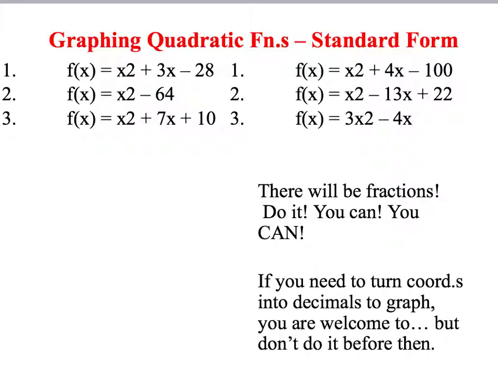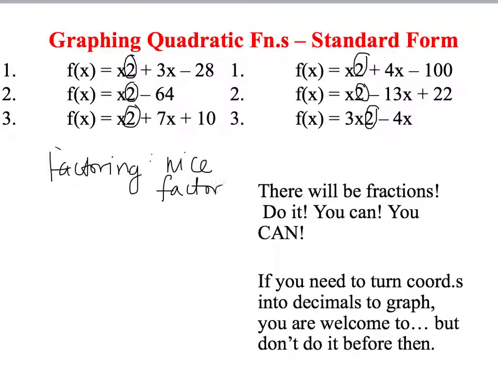Okay, so your assignment. Again, remember all these 2's after the x's, those are supposed to be squared. The dumb app. But it's not too dumb because it's making this possible. Okay, so those guys are squared. A couple of things. When you're doing your factoring, I have picked problems that give you nice factors, meaning whole numbers, with the exception of this one.